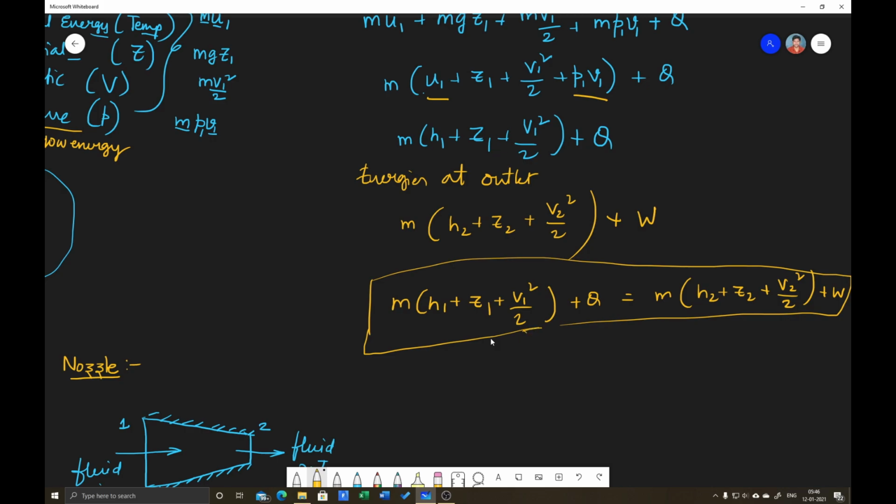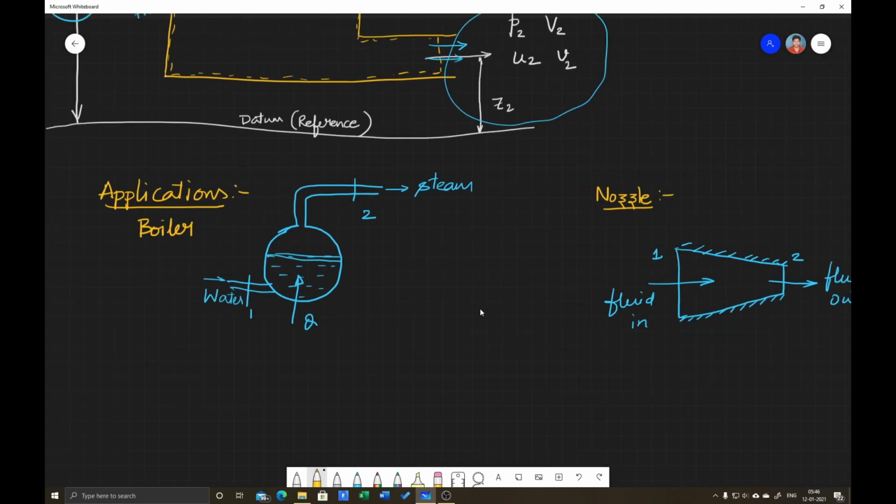We have discussed it in the earlier class. I am just clearing any doubts if you have. Okay. So now we will try to apply this steady flow energy equation to different components we will go through in this thermal engineering.